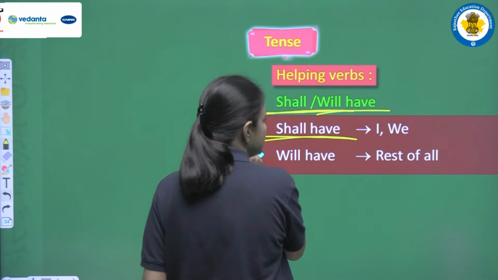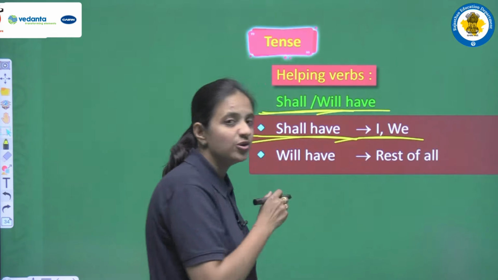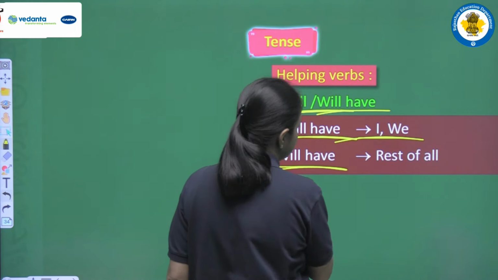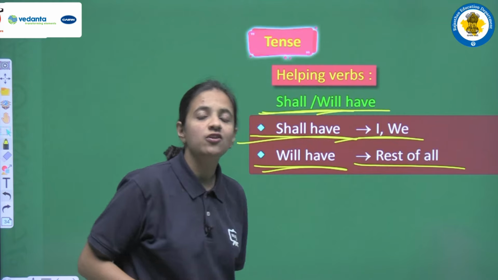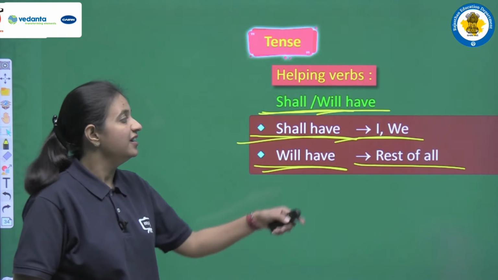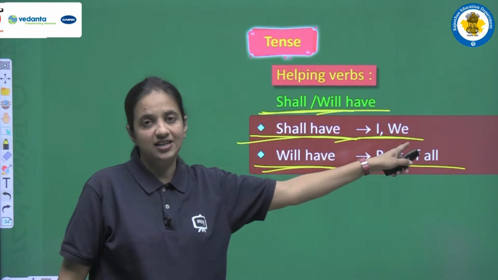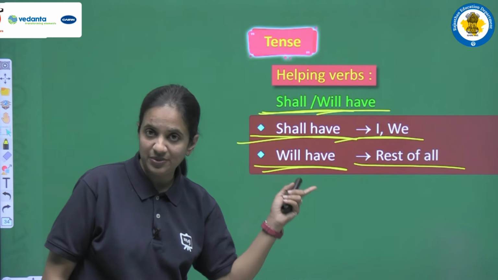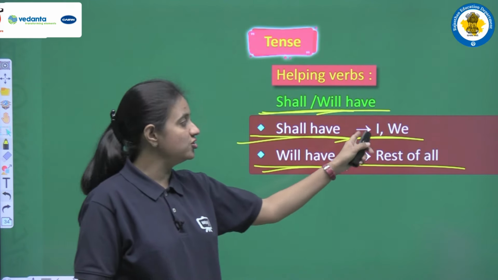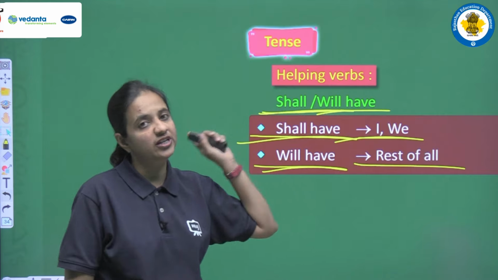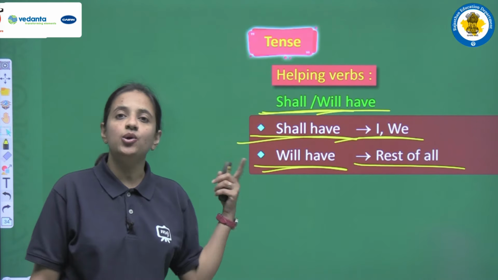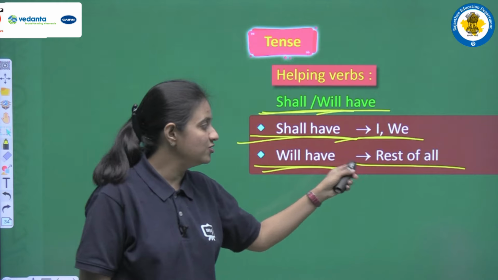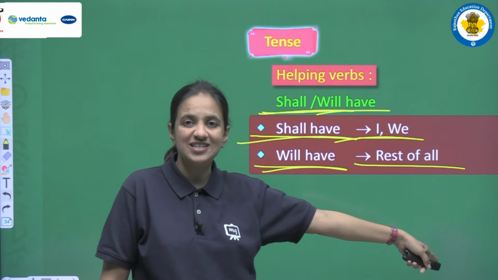Shall have is used only and only for I and we, and will have is used for all the other subjects except I and we. Just like shall be, shall have is also used only for I and we, and just like will be, will have is also used for all the rest of the subjects.